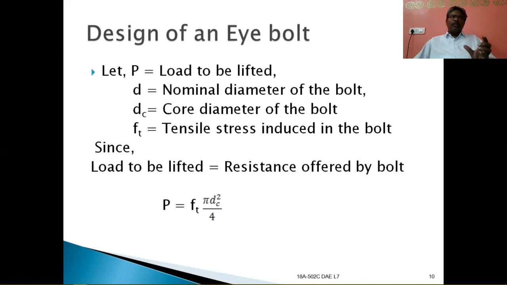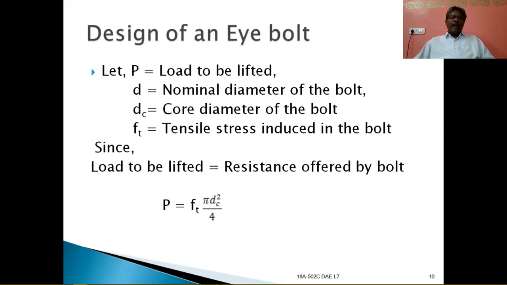So, in order to keep them in equilibrium, both the load applied as well as the resistance must be the same. Thereby, the load to be lifted must be equal to the resistance offered by the bolt. So the load is P, whereas the resistance, which is also equal to the load, is area into tensile stress.